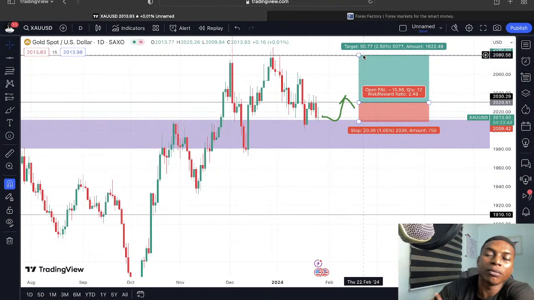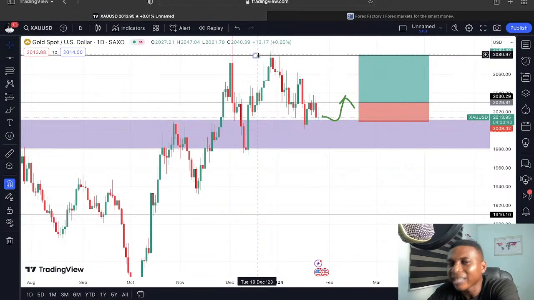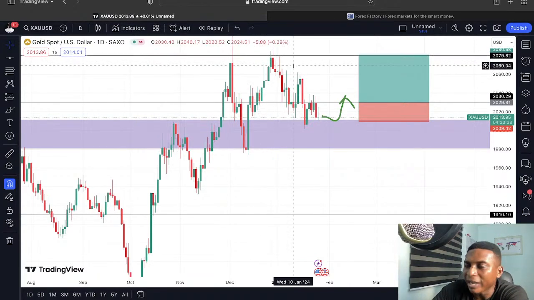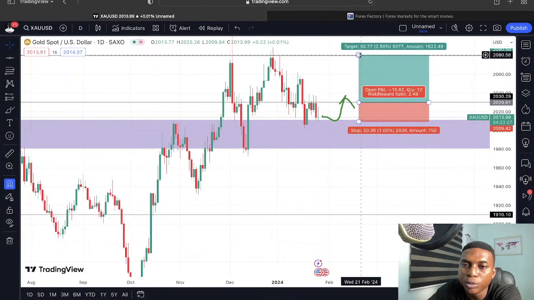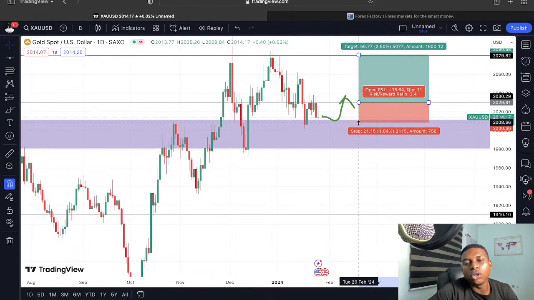Why is it at this level? Because this is the next resistance zone. How I set my stop loss and take profit, I set them at support and resistance zones. So my take profit will be at the next resistance zone, which is here, and my stop loss will be at the next support zone or a little below it, which is here.